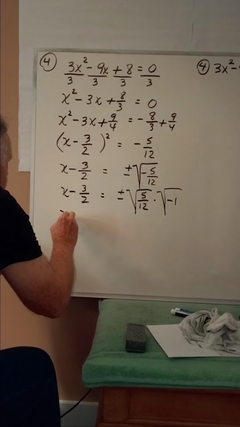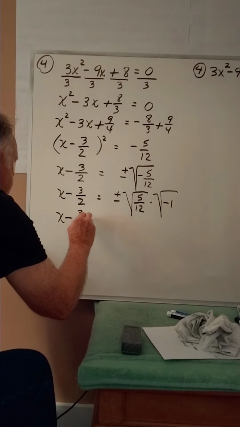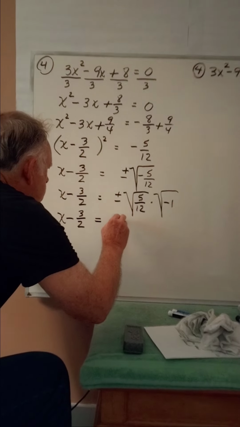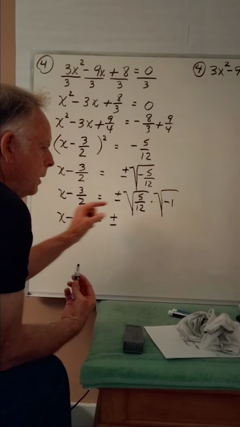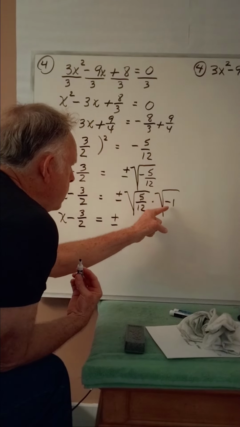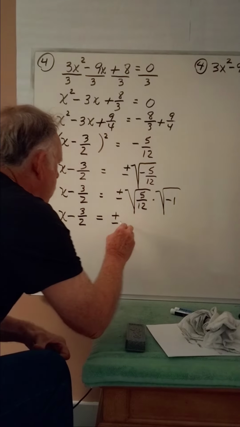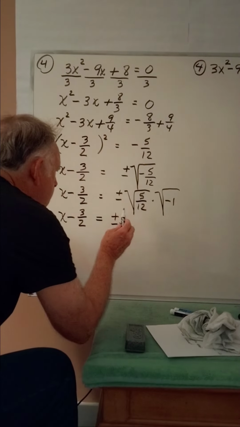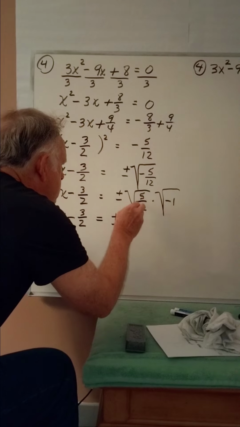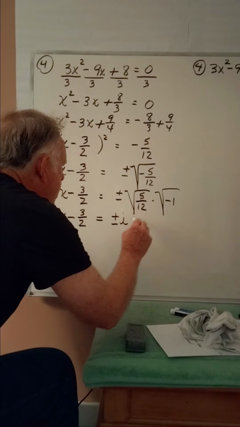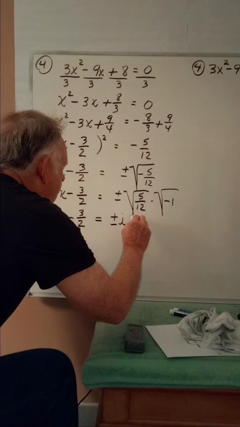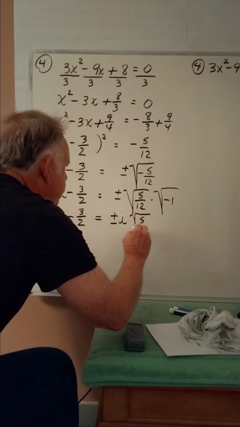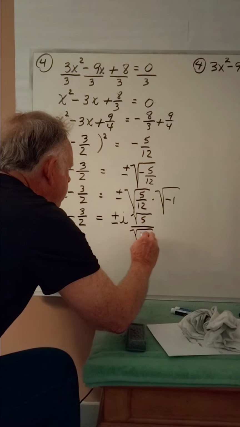We're going to bring down the x minus 3 over 2. And that's going to be equal to positive or negative. Now we're going to bring in the translation for the radical of negative 1, which is i. And at the same time doing that, I'm going to split this guy up. Plus or minus i multiplied by the radical of 5 over the radical of 12.